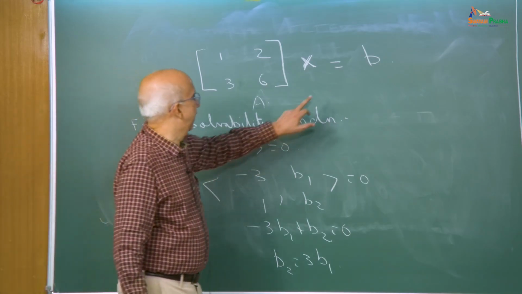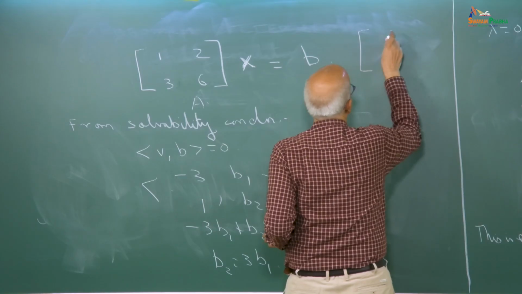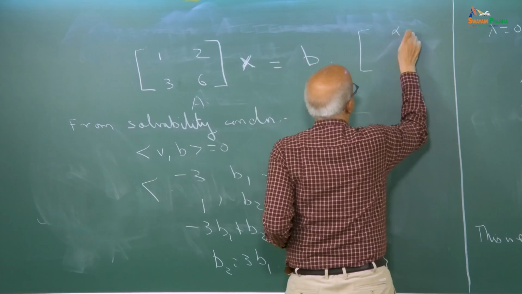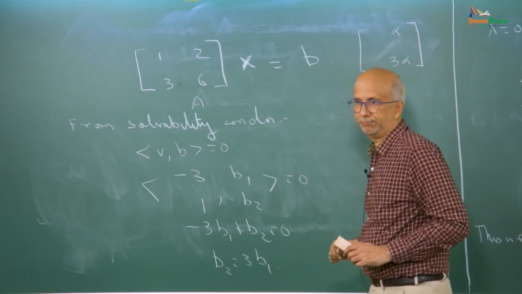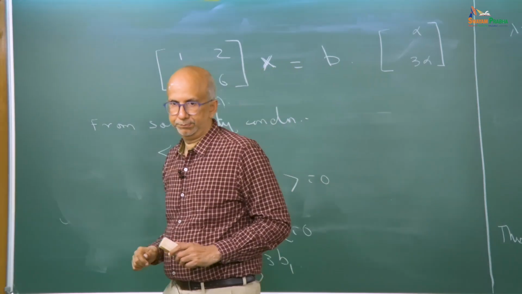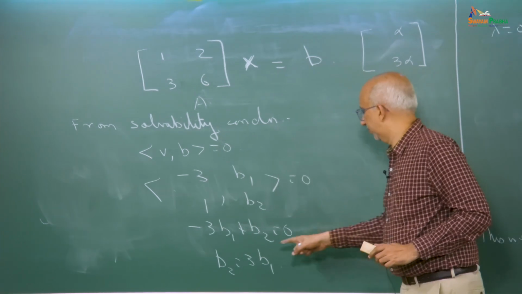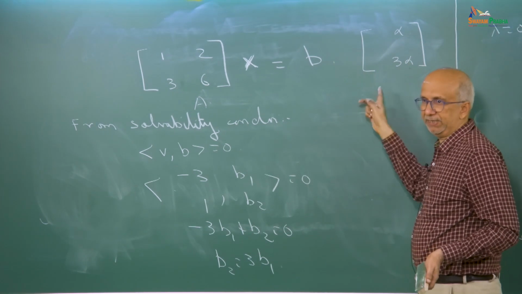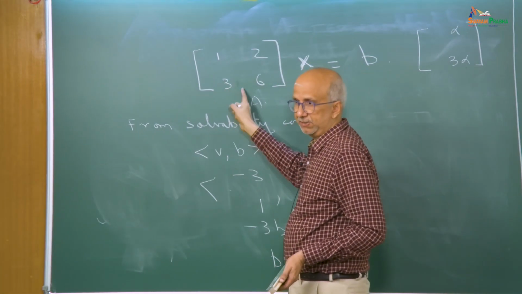It means this vector has to have the form: if the first element is alpha, the second element has to be 3 alpha. Whatever is the first coordinate, the second coordinate has to be 3 times that. Now, that makes sense because this left hand side, this is 3 times that.